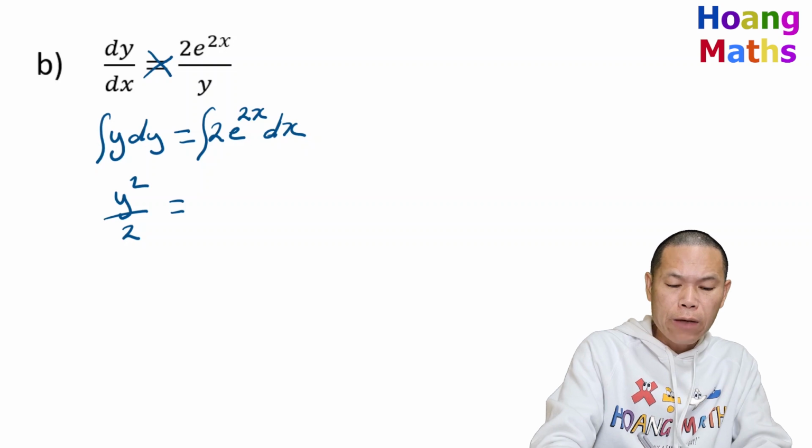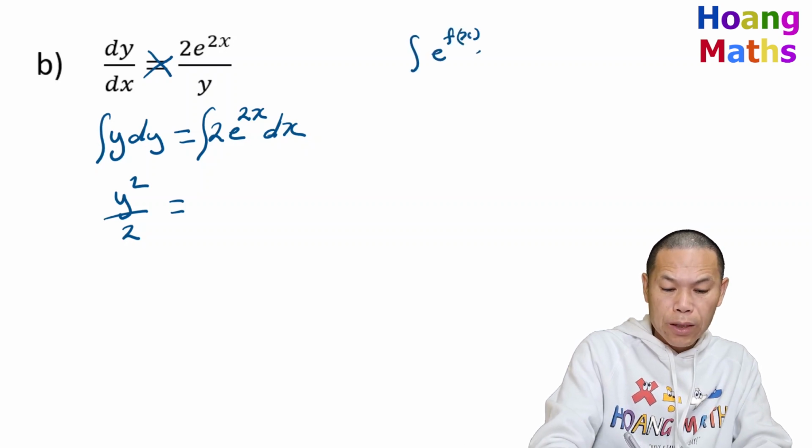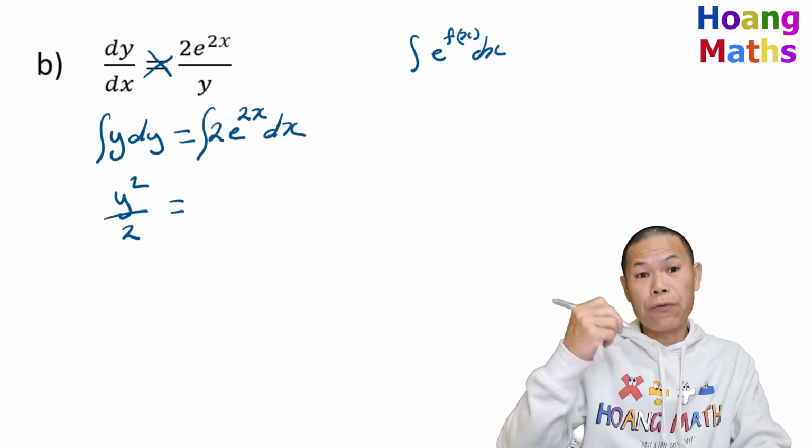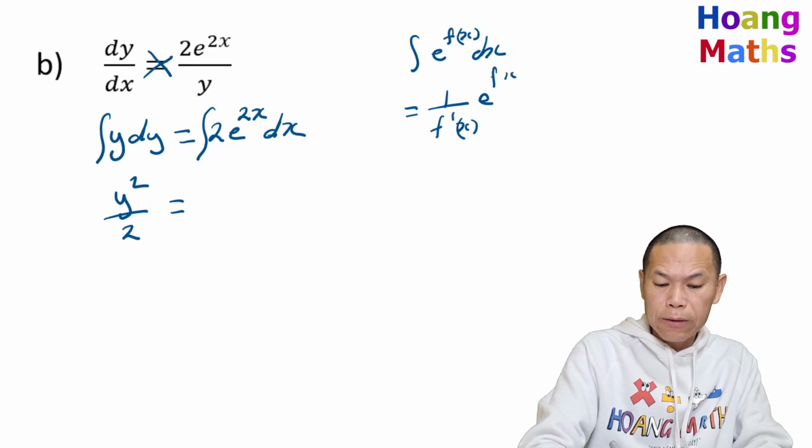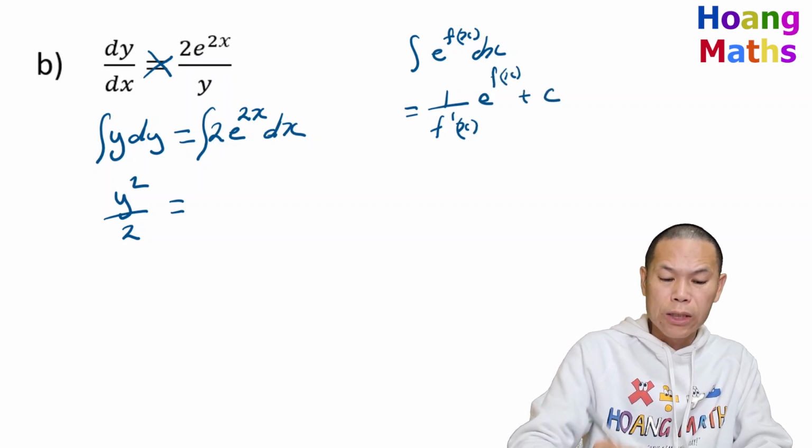Don't forget, if we integrate e to the f of x dx, we just differentiate f of x, which gives me f dash x, and we divide by that. So that is equal to 1 over f dash x times e to the f of x, and we add a constant c.